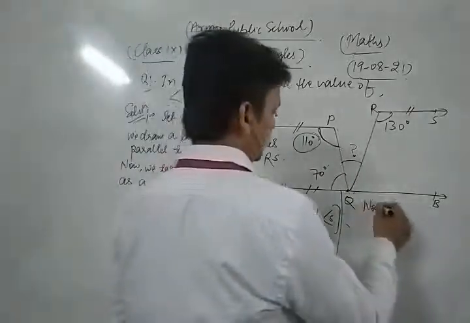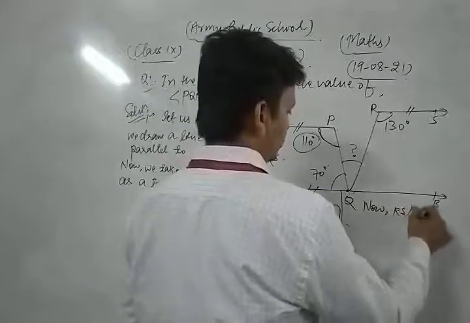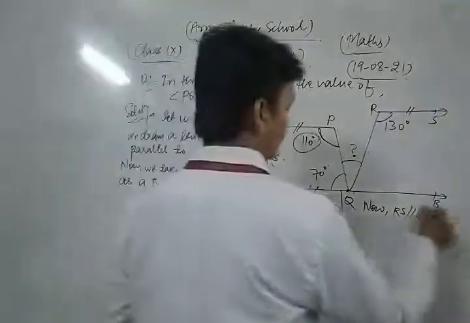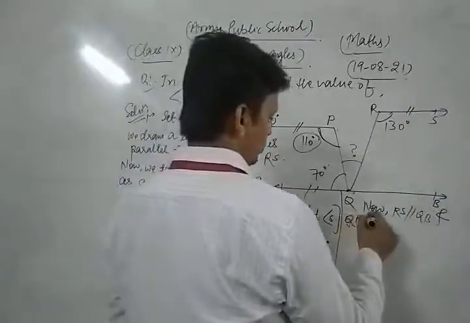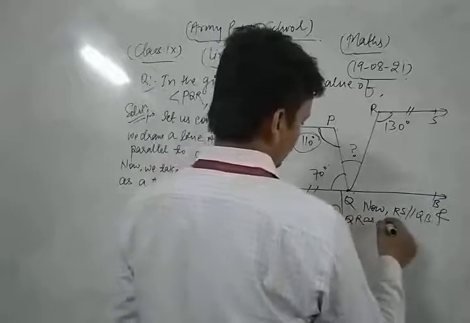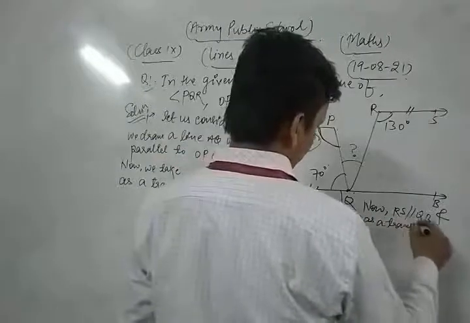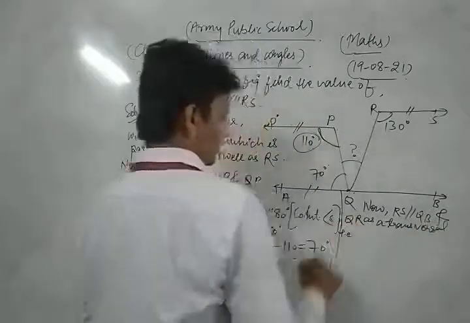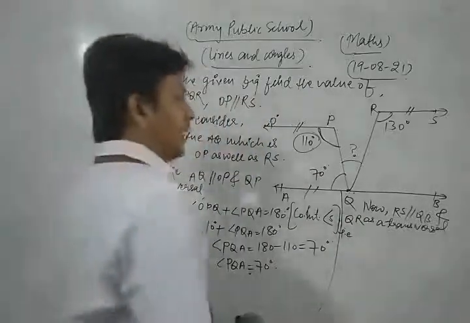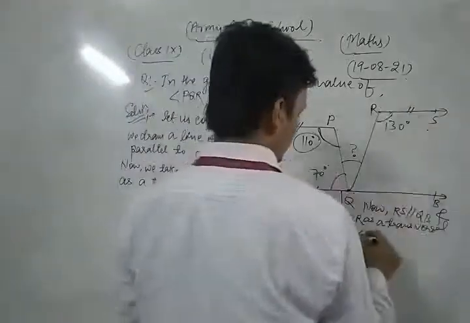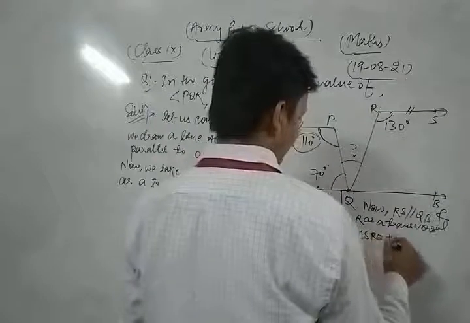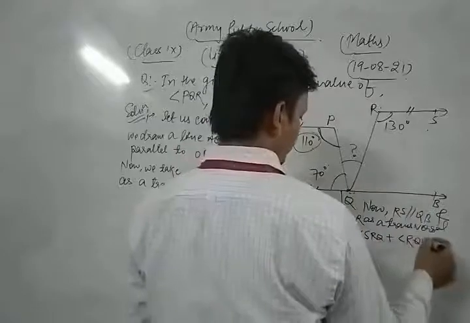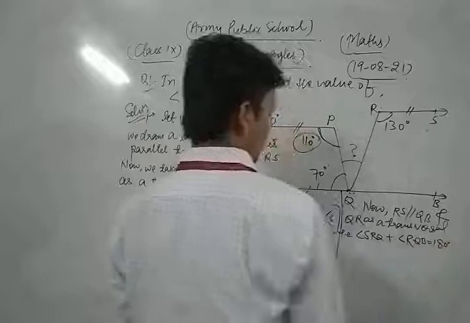Now we take the other side. Listen, RS is parallel to QB, and QR is a transversal. That is, angle SRQ plus angle RQB is equal to 180.